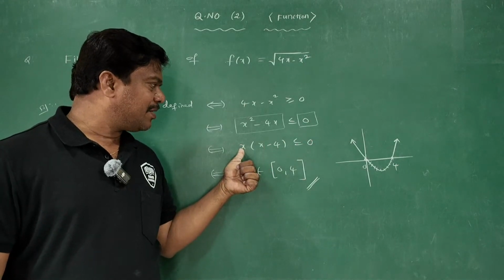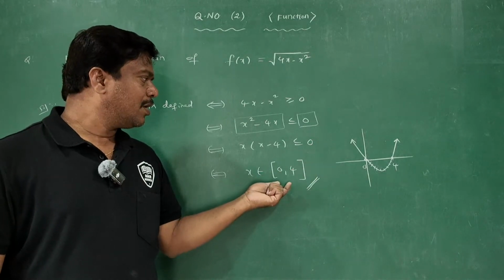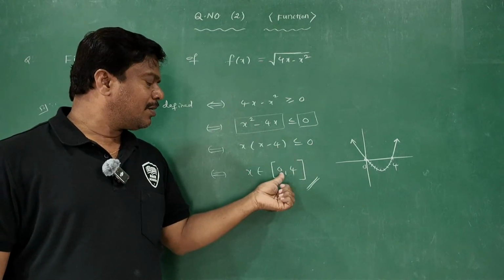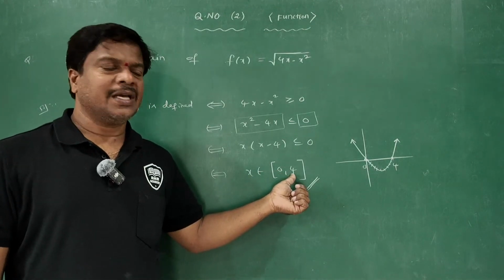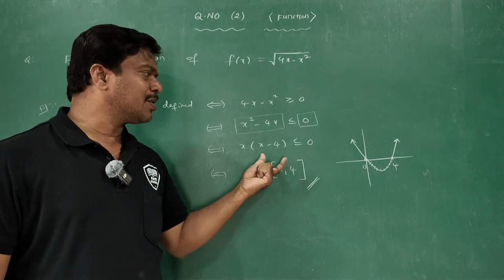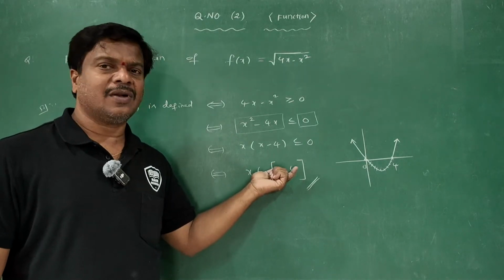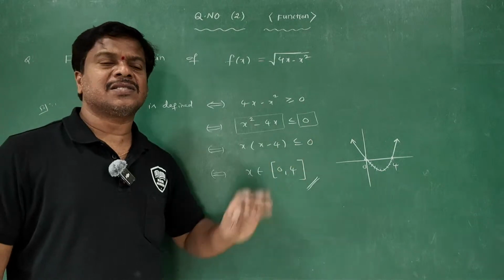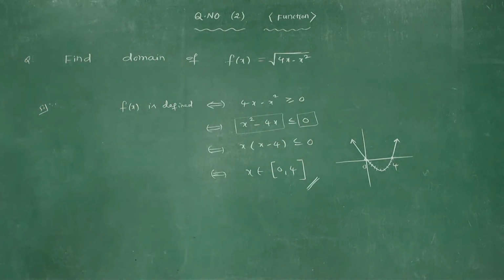When you write x value 0, 0 into something, again it will be 0. So to get 0 we have to use both 0 as well as 4. So in such cases you have to write closed bracket. The meaning here, we are including 0 and 4 as well as in between these two. Okay. So the answer x belongs to closed 0 to 4.